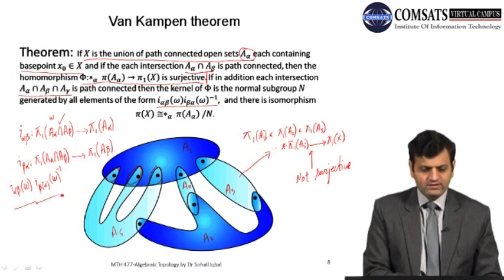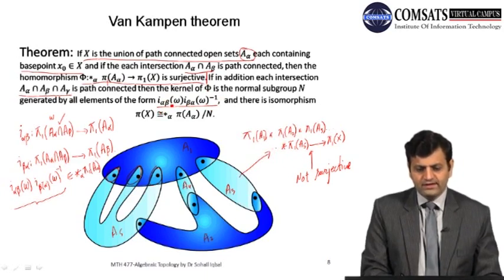This is basically an element of the free product of the pi 1 of A alpha. So this is one element, and it is going to give me one relation. All the elements of this form will give me relations, and we will get the following isomorphism.